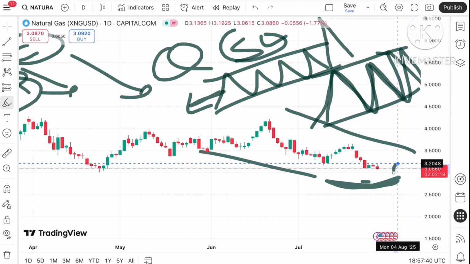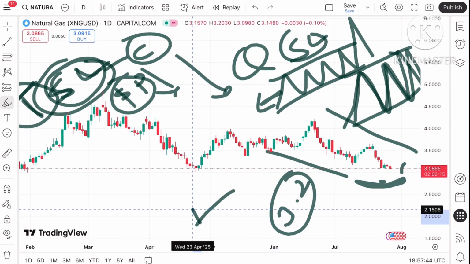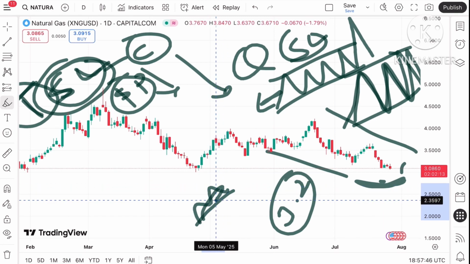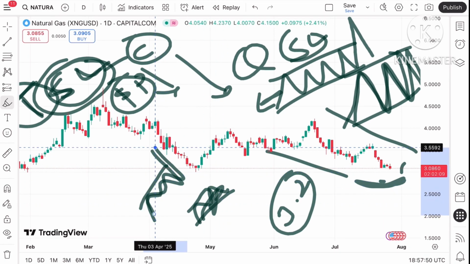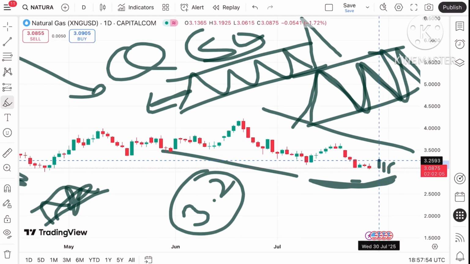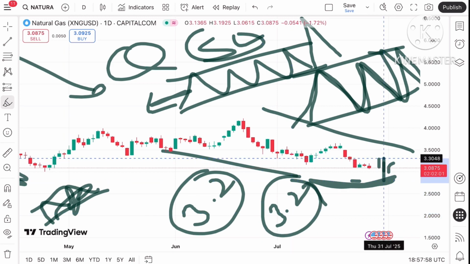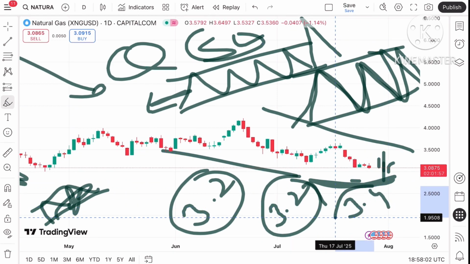Suppose it starts forming a swing, then it can move towards 3.2, and 3.2 has already been tested, so the probability is high that it can go further upside after 3.2. After that, the price can rise towards 3.29, and from there a further upside can be seen towards $3.4.